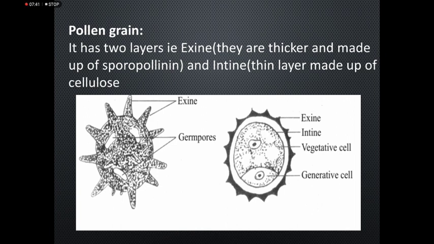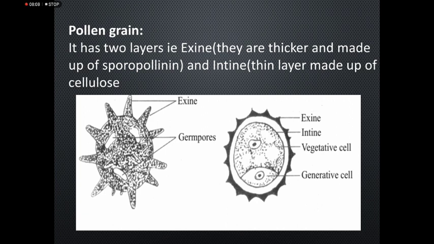Remember, exine is made up of sporopollenin and intine is thin and made up of cellulose. Here in the second figure, exine, intine, and two nuclei can be observed, that is the vegetative nucleus and the generative nucleus. The vegetative nucleus and generative nucleus can be studied later.